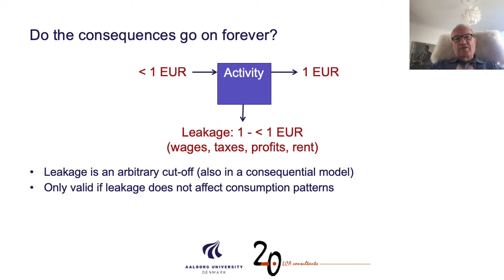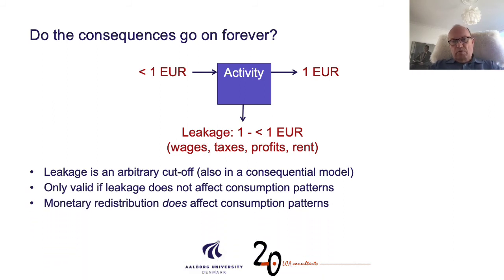Basically, the traditional cutoff, saying we don't care about how people spend the money they earn, is only valid if the consumption pattern is not influenced by the way the money from the first purchase is distributed.